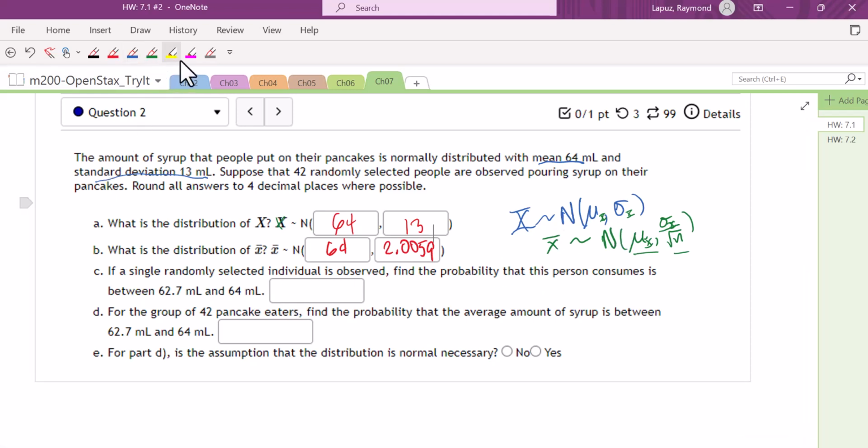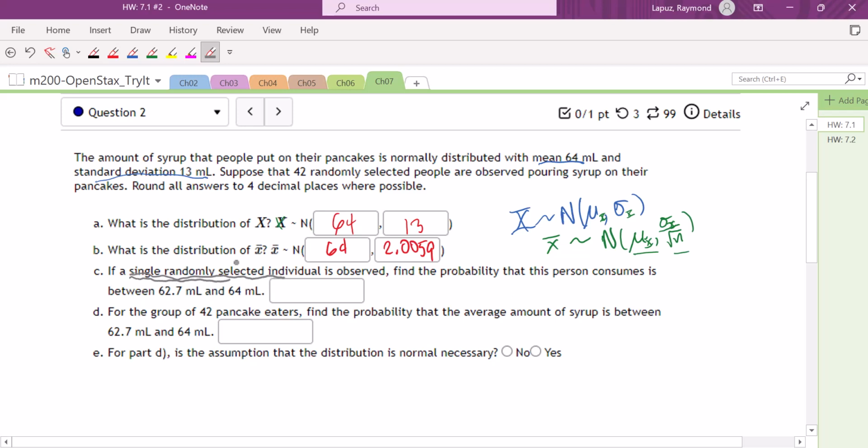All right, our next question is asking us to find the probability for a single randomly selected individual. So for a single selected individual, your mean is the original mean and your standard deviation is the original standard deviation.